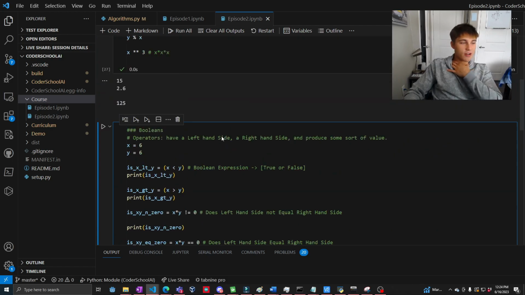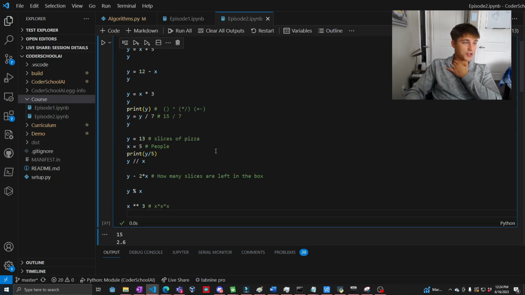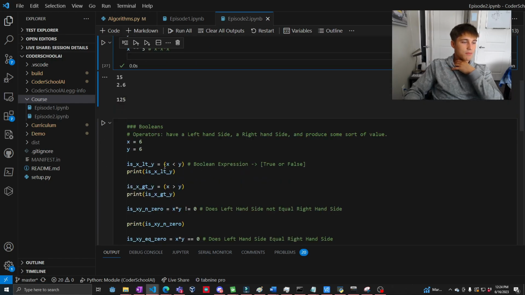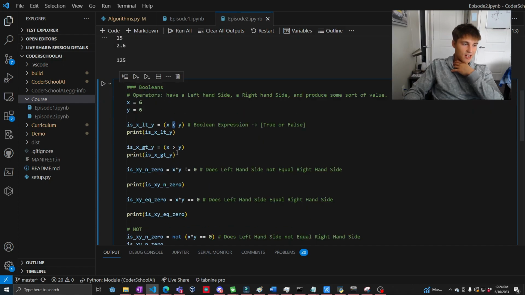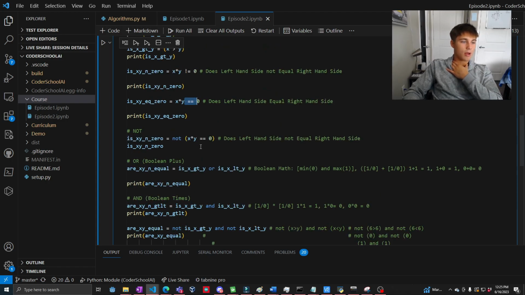Today, just to reiterate what we did: a lot of math, just as basic precursor stuff, and then we went over some Boolean expressions, right? We have this little less than operator sign, this little greater than operator sign. We introduced these two new signs here, right? We have the not equal to and the is equal to.